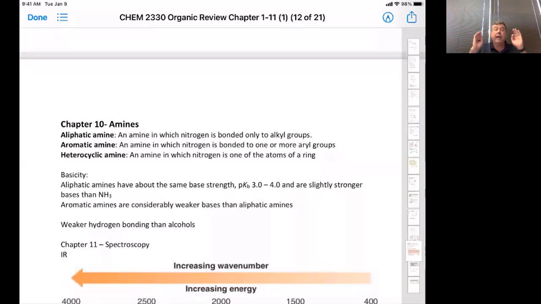Okay, so aliphatic amines are always more basic than the other systems. And because the electronegativity difference between hydrogen and nitrogen is less than that of oxygen and nitrogen, it does not hydrogen bond as strong. And therefore the properties aren't as greatly affected. Questions on that? So the amines was a real short chapter.